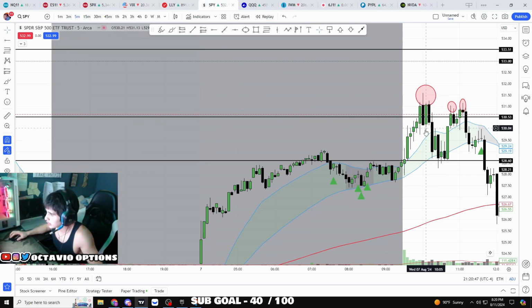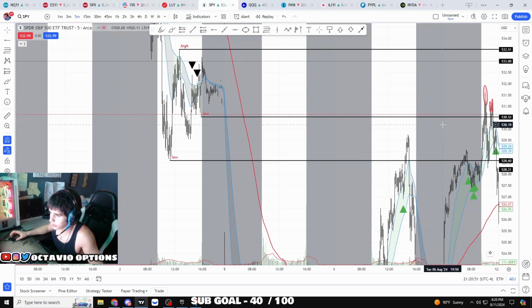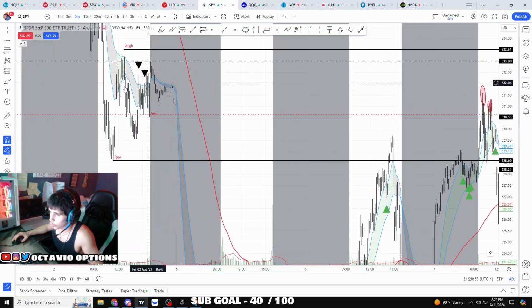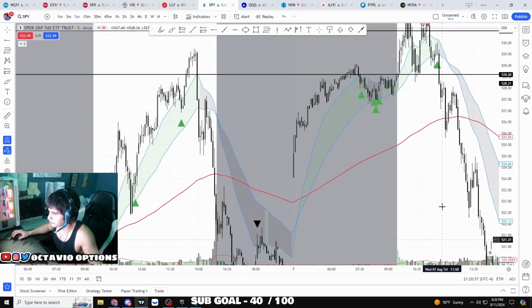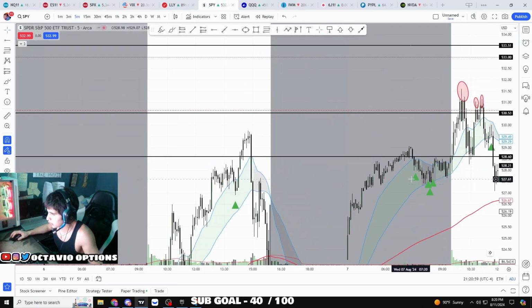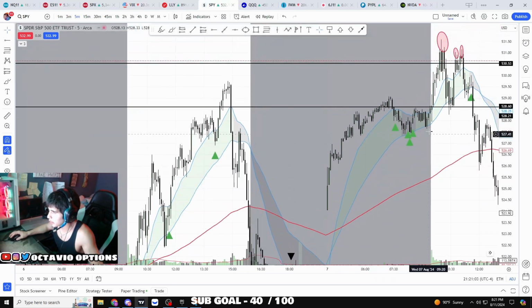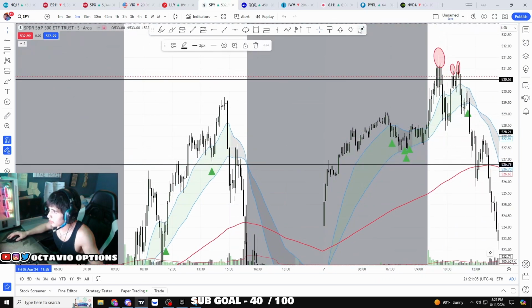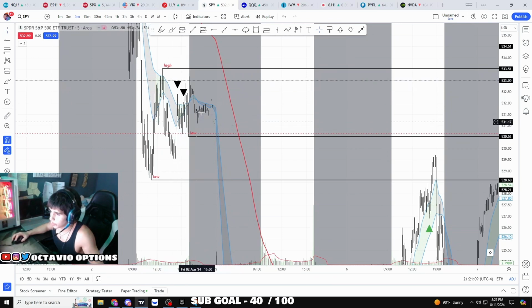I was looking for us to sell automatically, because we opened at this order block up here at the highs without sweeping the previous day's lows. We already swept them in pre-market, yes, but we pushed up and got rejected off the previous high order block.